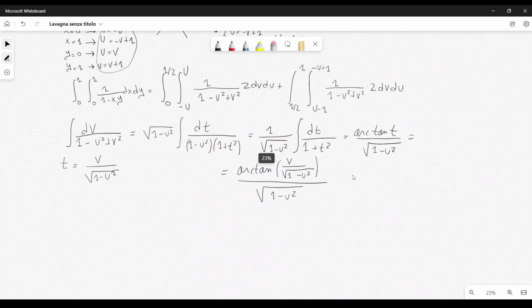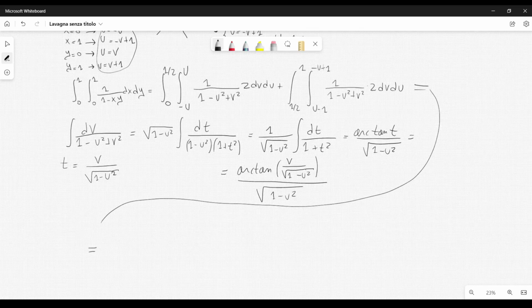Now, these double integrals here will become, so let me go here, we get 2 times the integral from 0 to 1/2 of, and here we have to evaluate this function between these two limits.